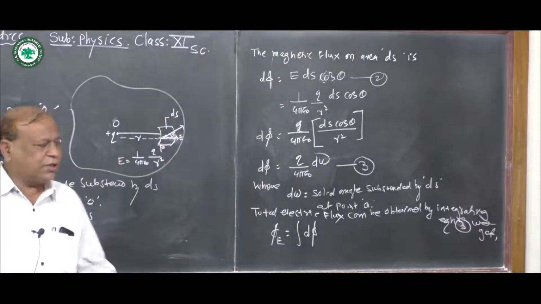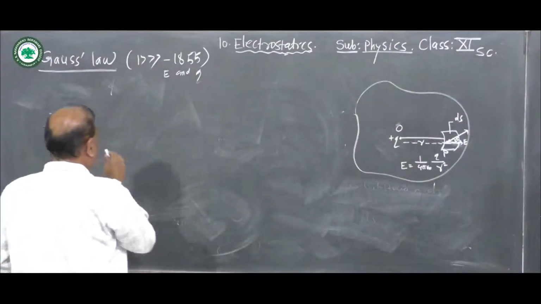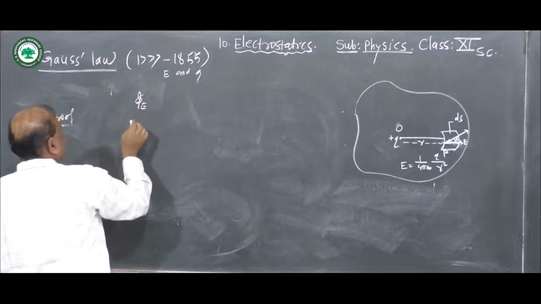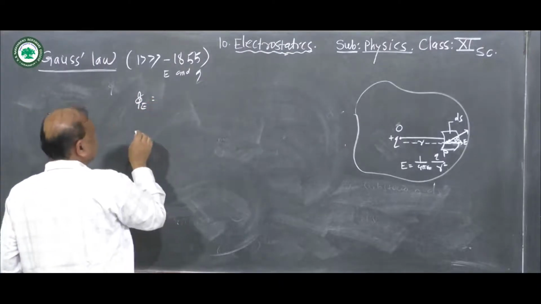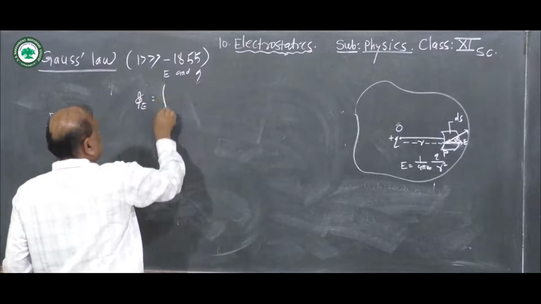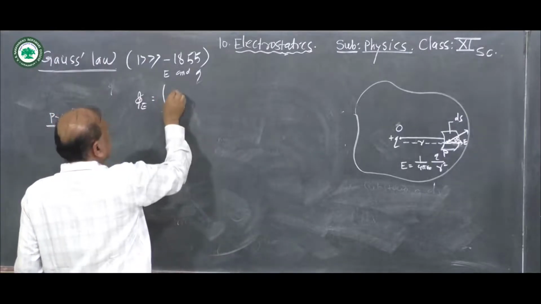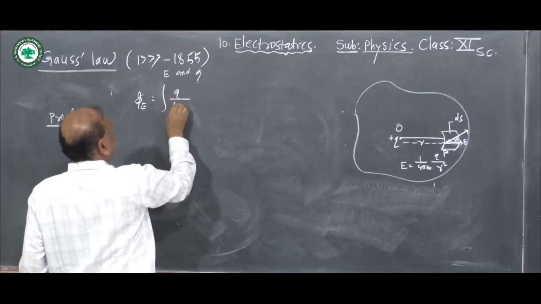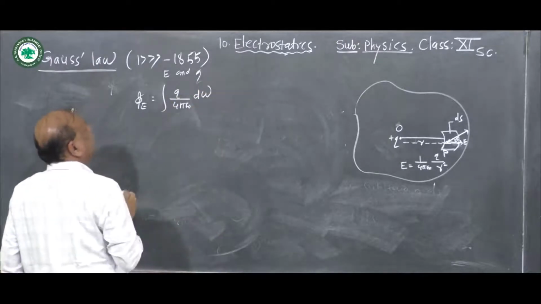Now continue here. This equation: phi E, the total electric flux, is equal to the integration of the value of d phi, which is q divided by 4 pi epsilon 0 into d omega.